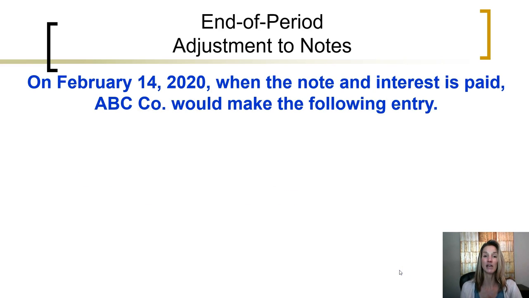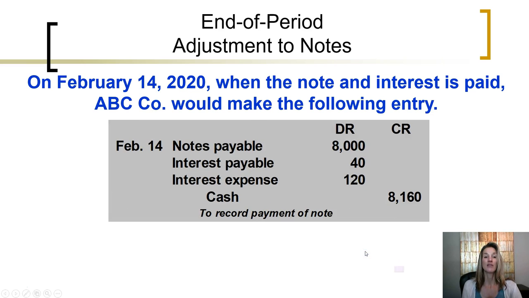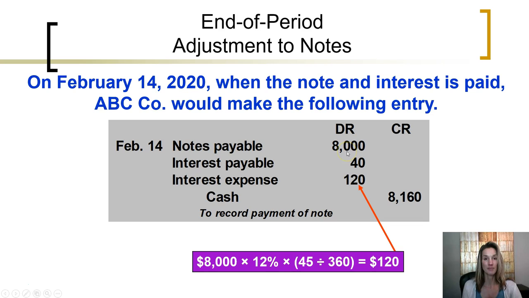So the following year, when the note and interest is actually paid, they would decrease notes payable by $8,000. They're paying off the liability from last year. They also need to pay off last year's interest, so they're paying off the interest payable from last year.